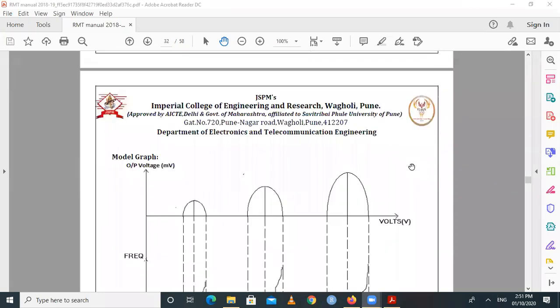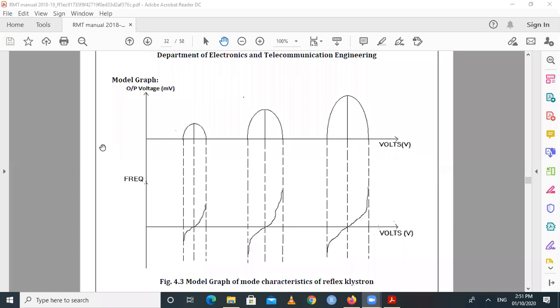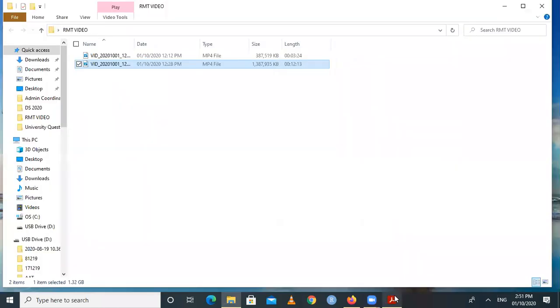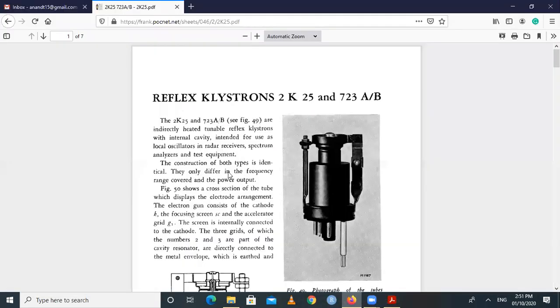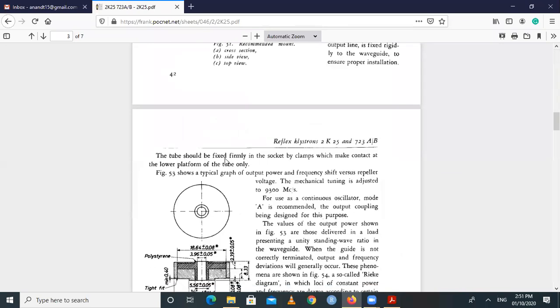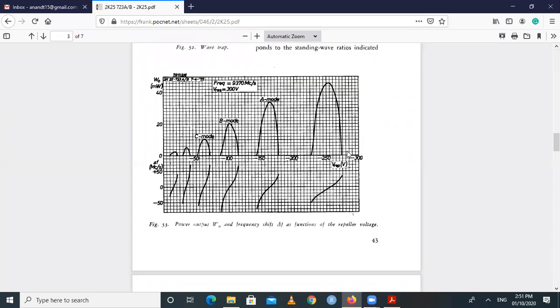One more thing is that a model graph or model plot is present over here. When we compare this model plot with the data sheet of that klystron, it has a similar model plot, like here. This indicates the first mode, this indicates the second mode, third mode, fourth mode, and so on. And this indicates the frequency, which can be reducing.